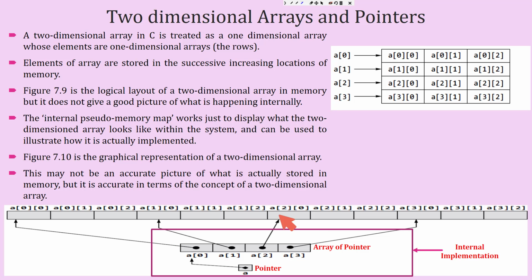Similarly, A of 2 will contain the address of the second row, or index position 2: A20, A21, A22. And the last cell contains the address of the last row. So internally we have a pointer and also an array of pointers. I hope you are clear. It will be more clear in the next slide.